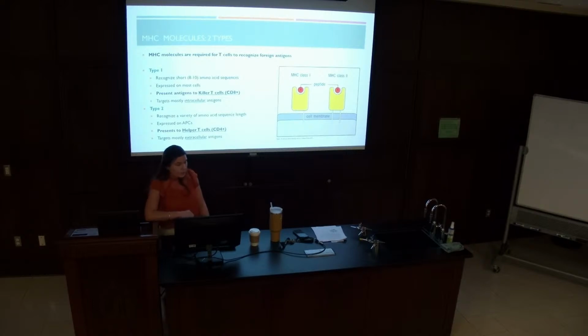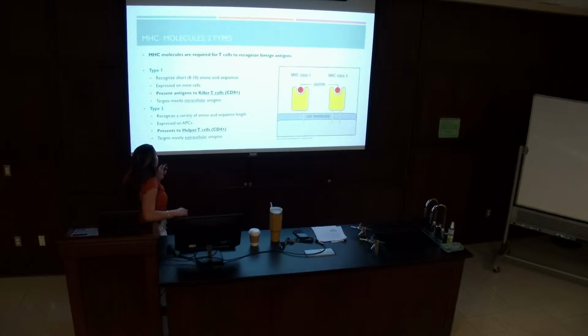There are two types of MHC molecules. Type 1 is the one that is presenting antigens to killer T cells, or CD8 positive cells. This one targets mostly intracellular antigens, and I'll show you more of this shortly.